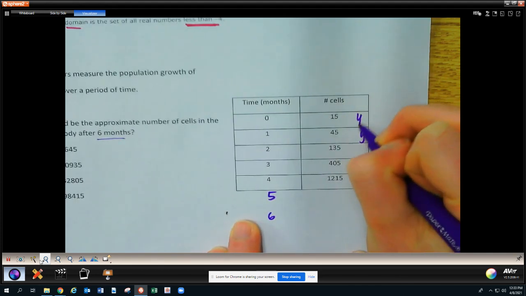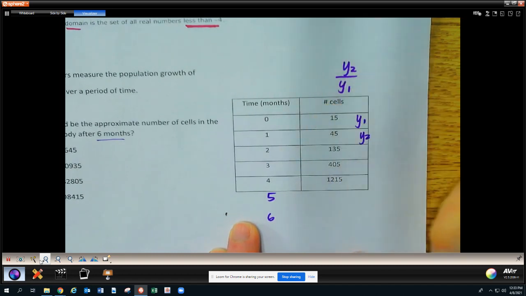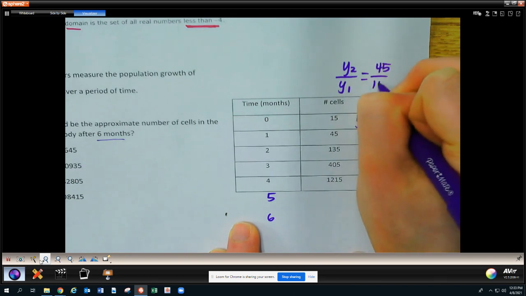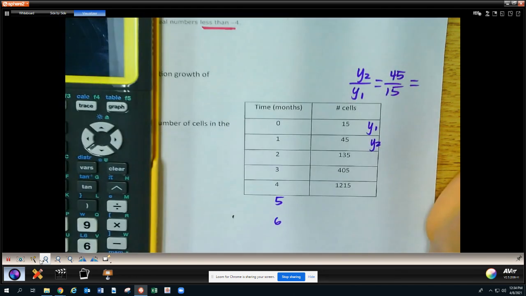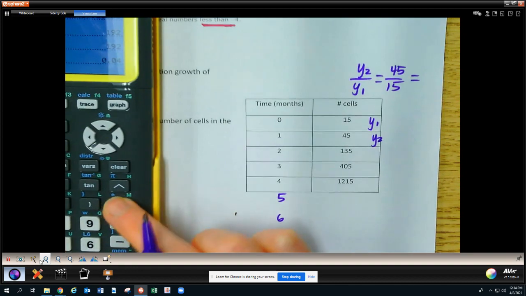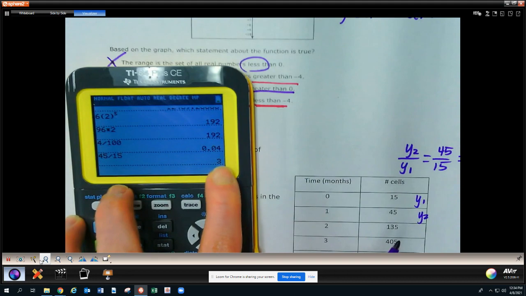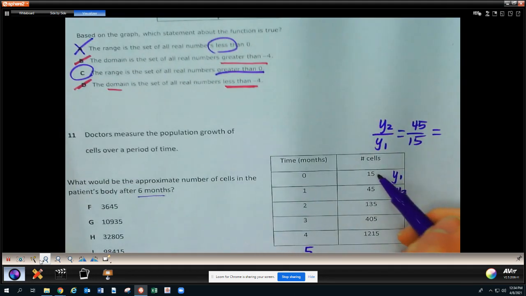And so I'm going to do the trick where you take y2 divided by y1, which is 45 divided by the 15, and just check. 45 divided by 15 is 3. And so I know to get to the next number, I need to multiply by 3.